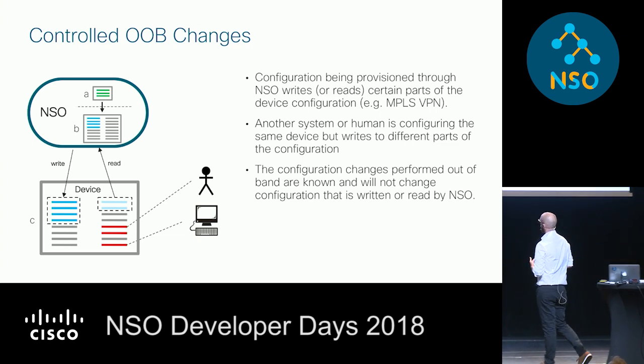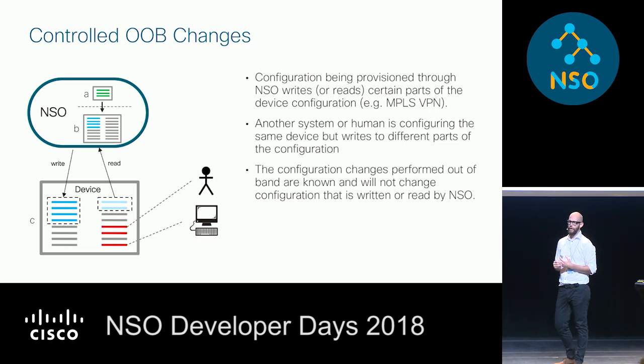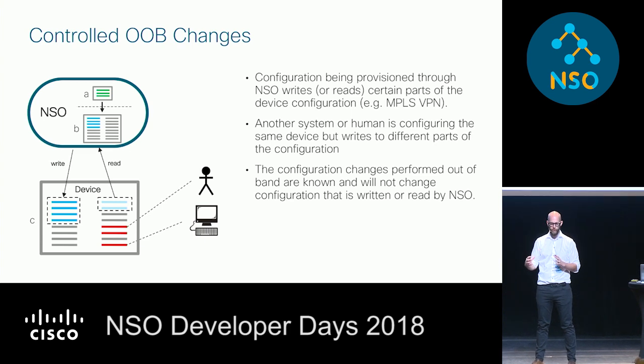Controlled out-of-band changes. This is definitely an environment that I see as fairly common, and it is not problematic, but you need to have good control and understanding of your environment.